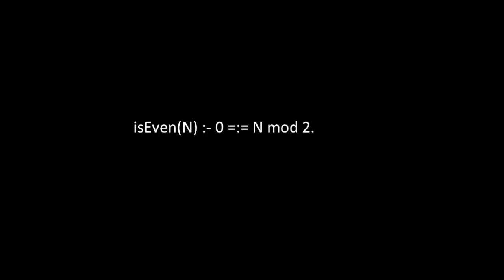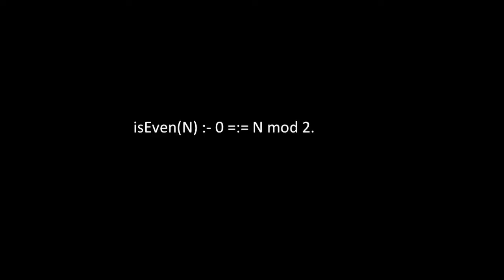if 0 is equal to n, our variable, mod 2. Basically the idea is that if the number is even, then n mod 2 will be 0, the equality will be true, and so is even will be true. And if n mod 2 is not equal to 0, then the number will be odd, and is even will be false.